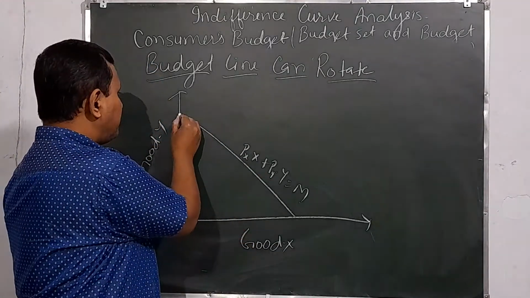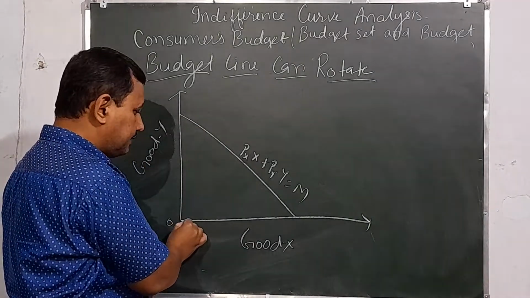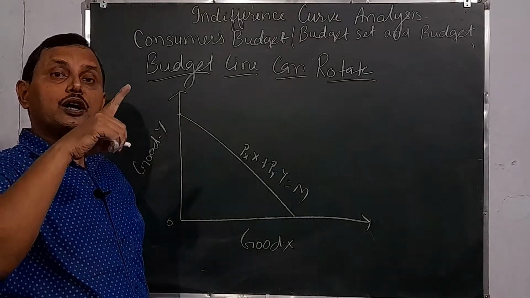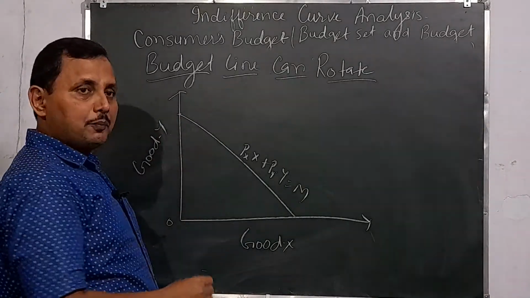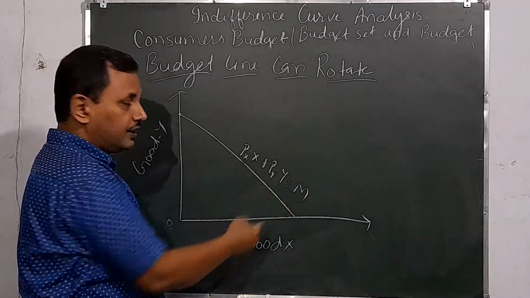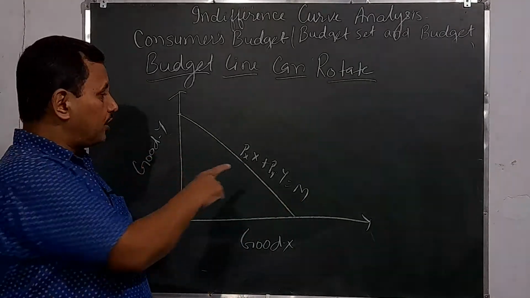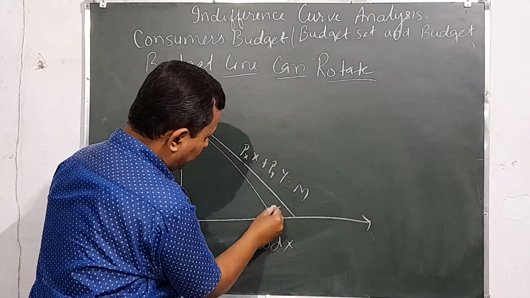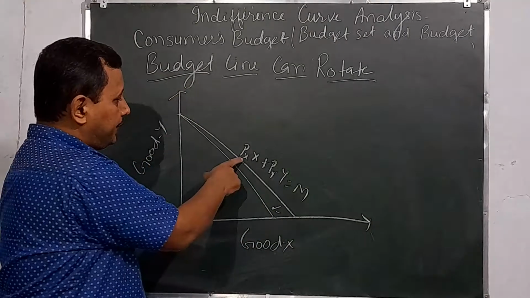If the consumer is purchasing zero quantity of good X, there will be no change in the quantity of good Y purchased by the consumer. But since price Px is increased, within the same budget, the consumer will purchase less amount of good X, and therefore the budget line will shift backward when Px is increased.